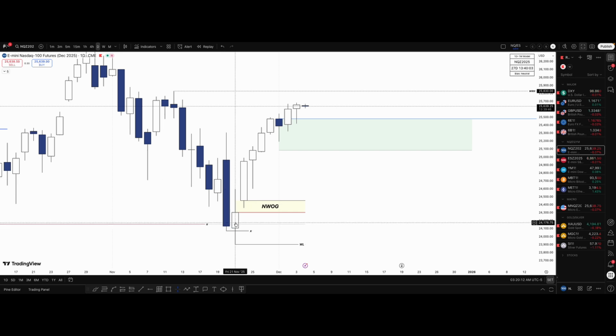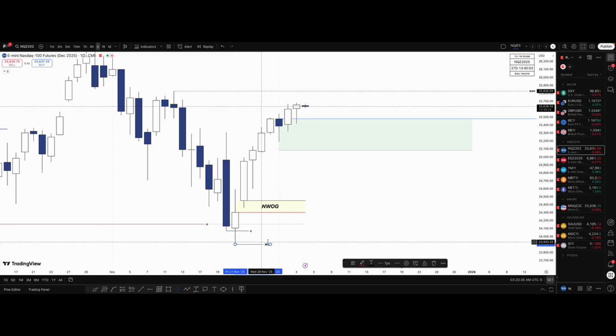Friday's close is above Thursday's low, right? It failed to displace lower, isn't it? It has failed to displace lower, right? So before we look at this weekly low, what do we need to look at first?